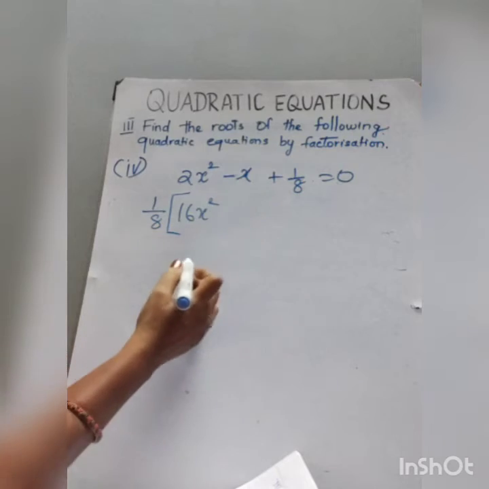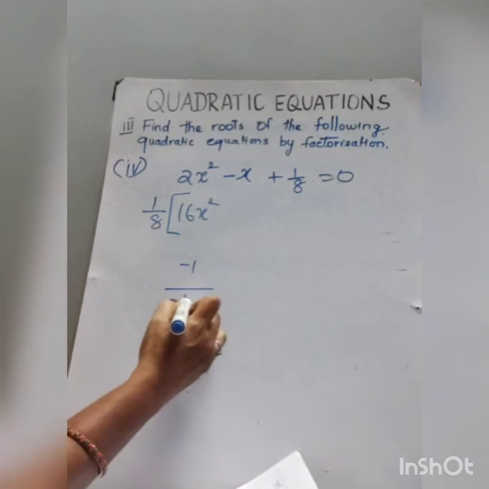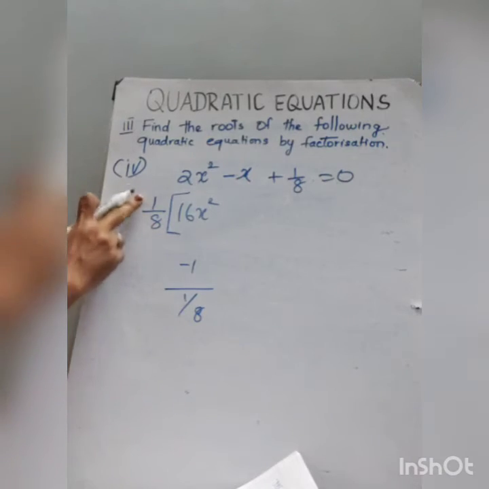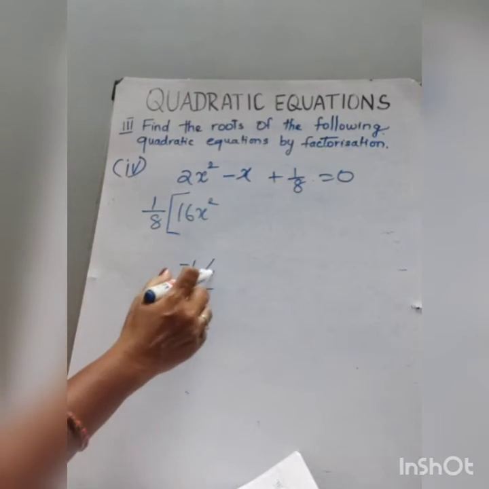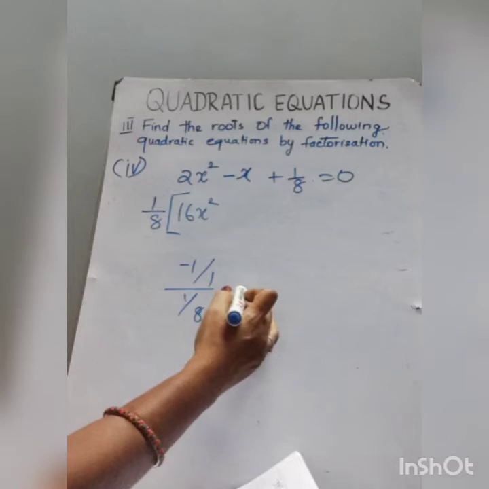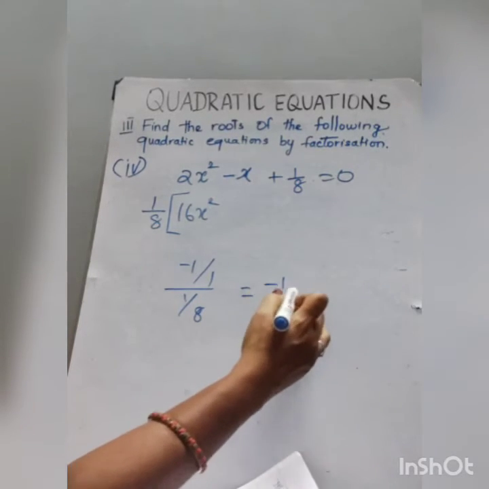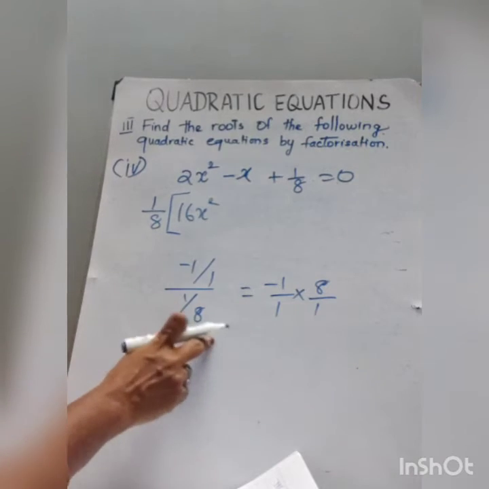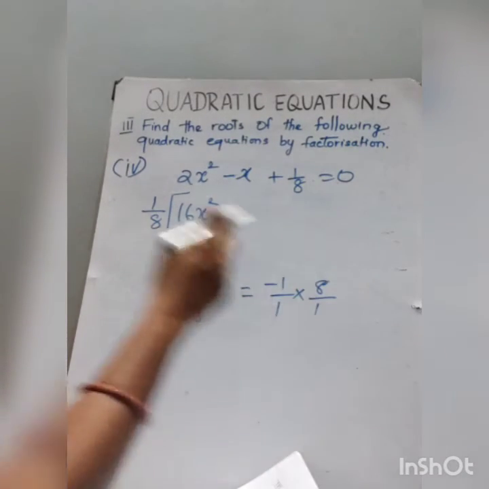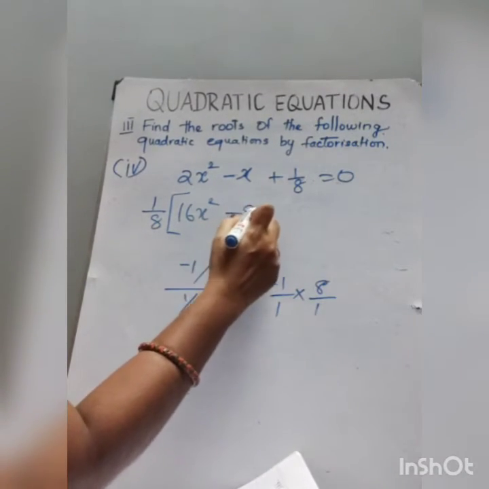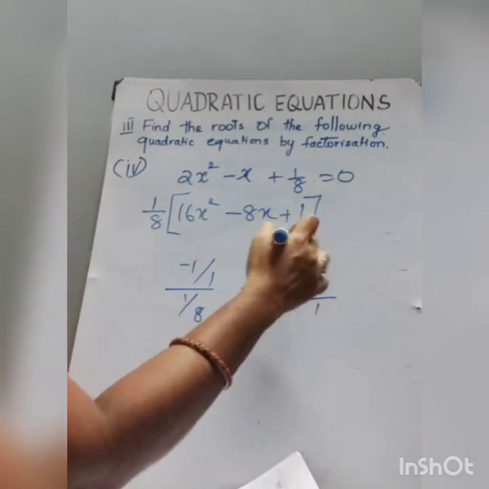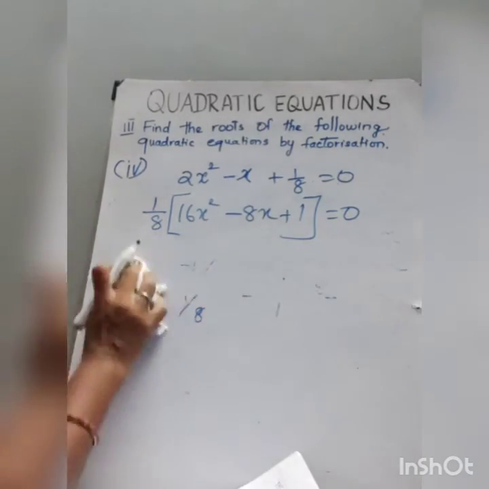Here I have minus 1 by 1. Taking outside is nothing but dividing the number by 1 by 8. Minus 1 by 1 divided by 1 by 8, which is 8 by 1, so minus 8x. Here if I take 1 by 8 outside, we will get 1.